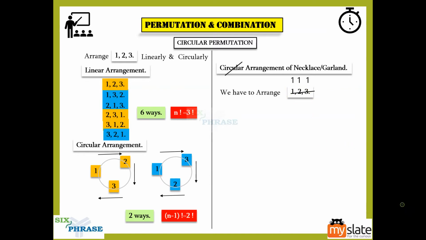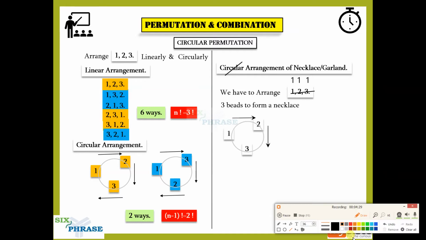Now what happens is, three beads, all those three beads look alike, right? They form a necklace. Now again, if you have to form a necklace, here it is not 1 2 3. So we'll strike this out, and this we'll strike out and have 1 here. So this is actually 1 and this is actually 1.